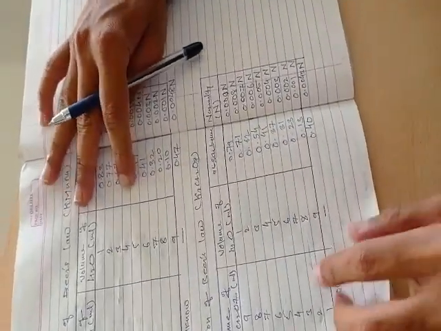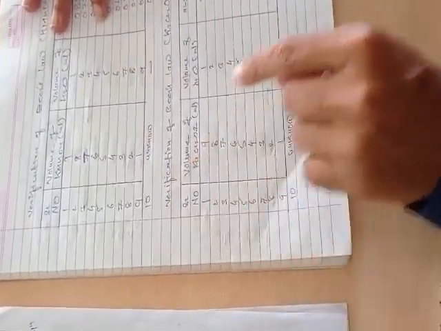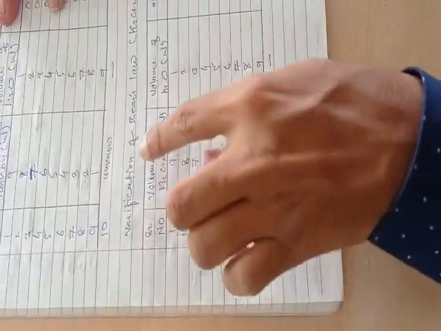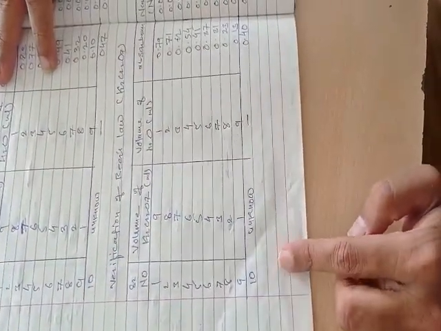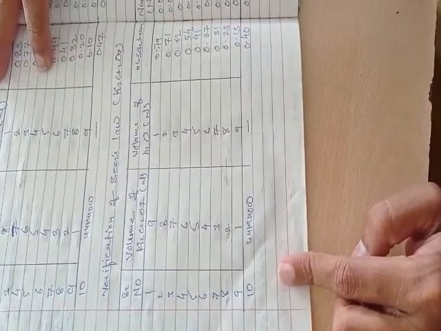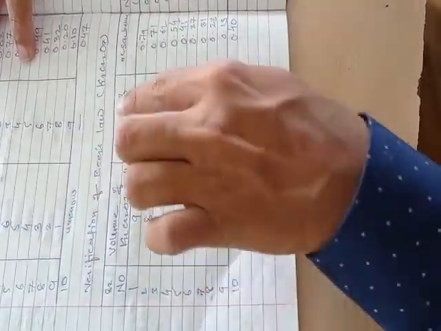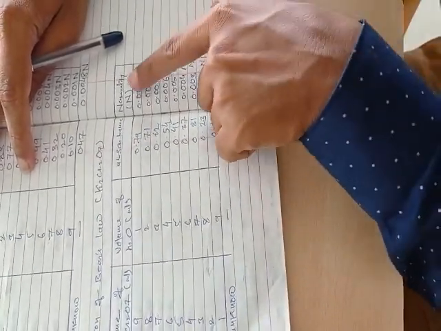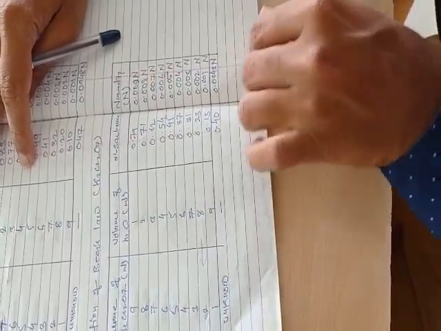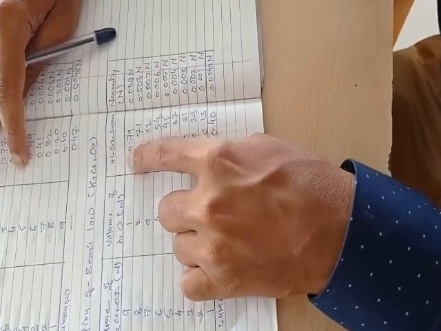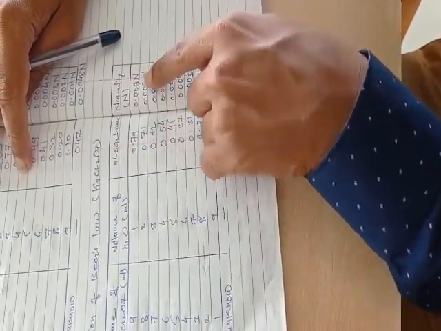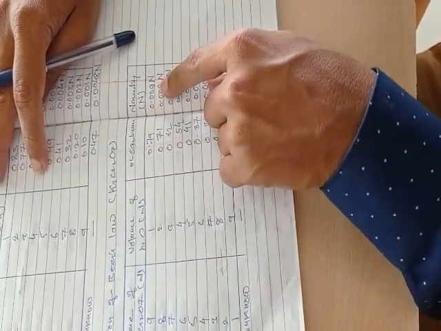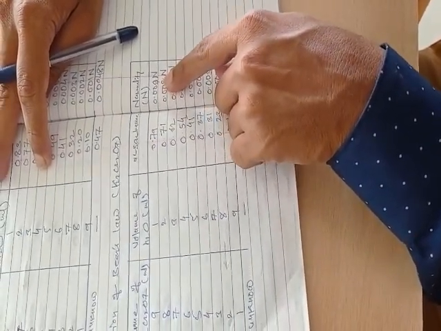Okay, similarly these are the tables for the experimental part for verification of Beer's law and identification of the unknown concentration of K2Cr2O7 solution. Okay, these are the series of dilutions which make this concentration of K2Cr2O7 solution. Now these are the absorbances with respective concentrations. 0.79 is the absorbance for 0.009 normal solution.